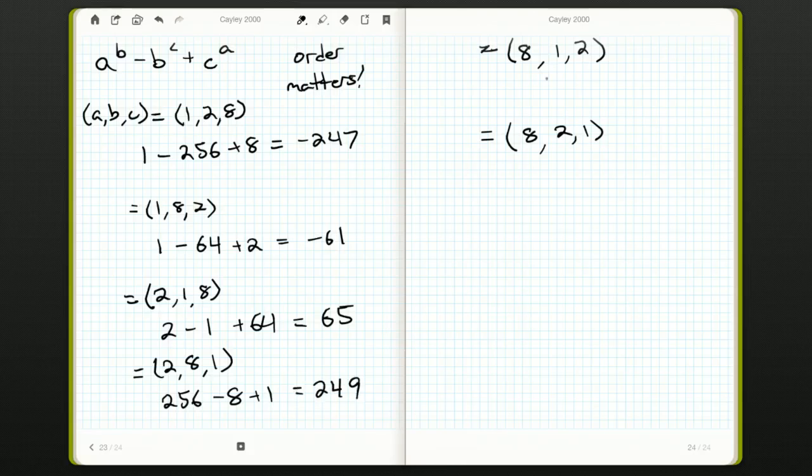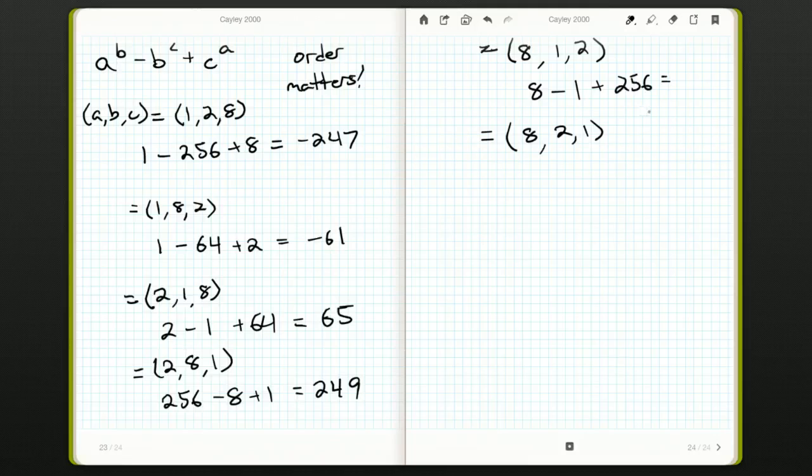Alright, now this is the one that I thought was really good. 8 to the power of 1, that's 8. Minus 1 squared, that's 1. Plus 2 to the power of 8, which is 256. And we'll get 256 plus 8 minus 1, so that's 7. So we get 263.